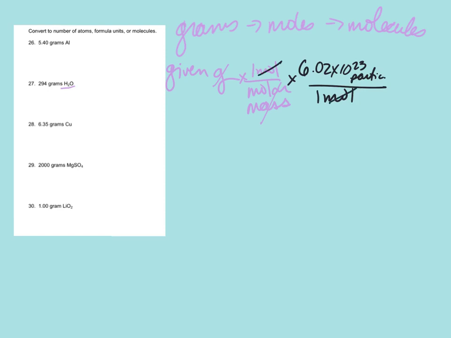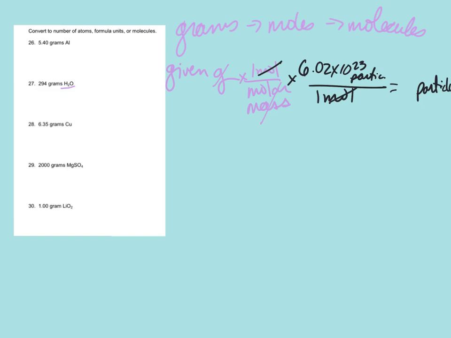So moles will cancel, and then we'll just be left with our units of particles. So you can separate the purple and the black parts, or you can do them all as one long problem.